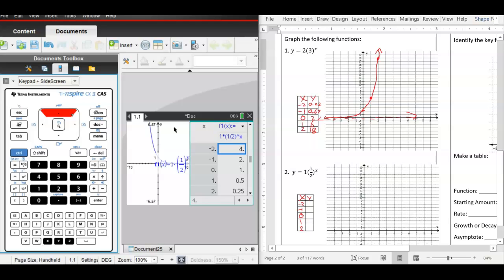So for -2, 4, yeah. So yeah, plot those points. -2, 4, put a point. -1, 2, put a point. Okay. So make sure you plot these points.